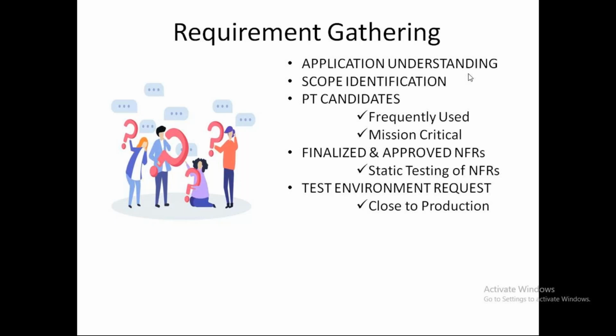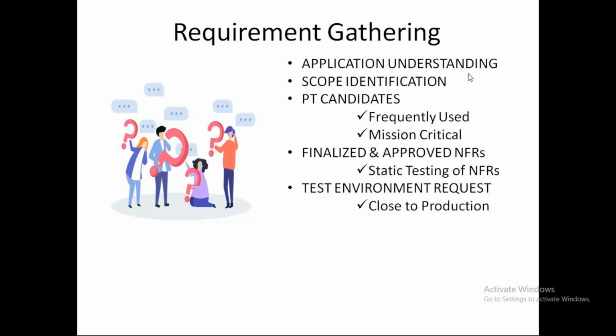It means which scenarios in that application are going to be in your scope, which business user journeys, and which non-functional requirements are going to be in your scope. Based on those non-functional requirements, what are the different types of tests which you need to conduct in that application?